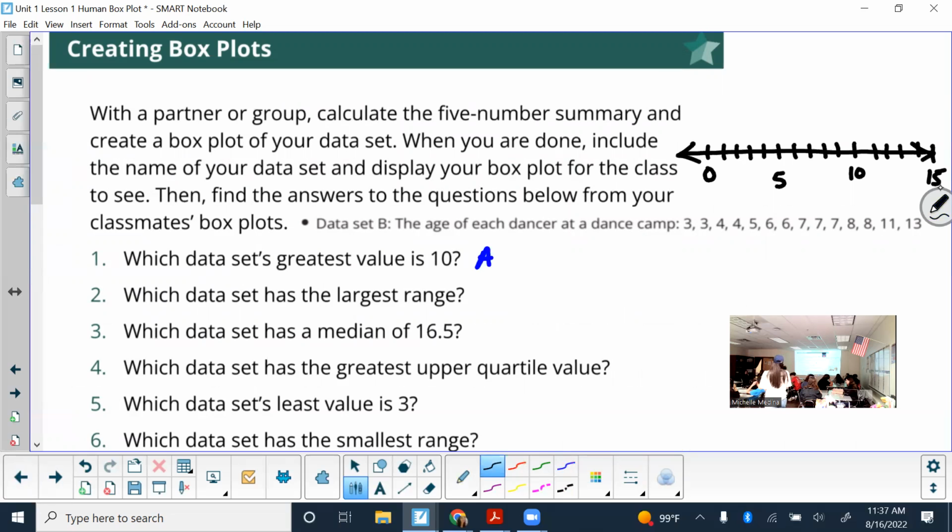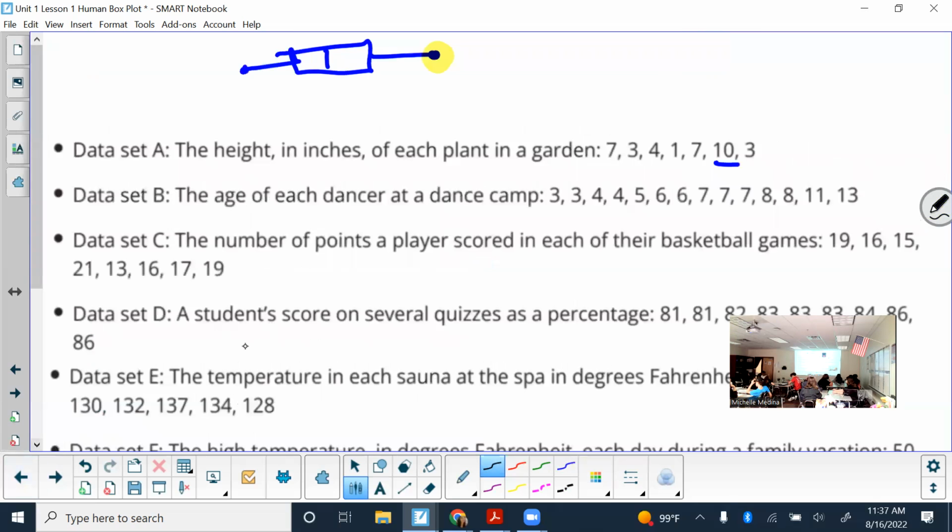Yes? Good. It's your maximum minus your minimum. So, again, you should all be able to figure out the minimum and maximum from looking at a box plot, even without having the list in front of you for whatever their data was.